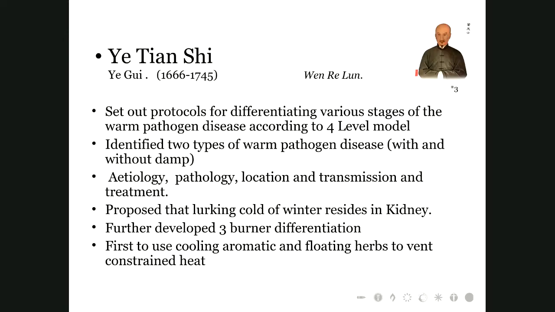Ye Tianshi also made a great contribution by creating the specific theory of the four levels to understand worm disease in Chinese medicine, and further developed triple burner differentiation in his books.